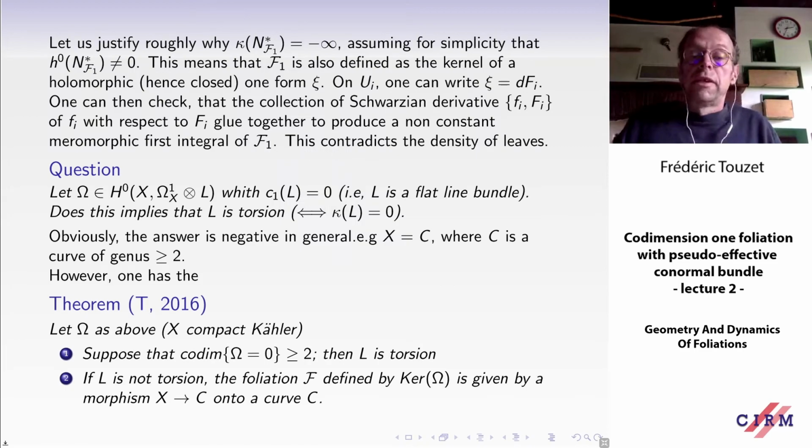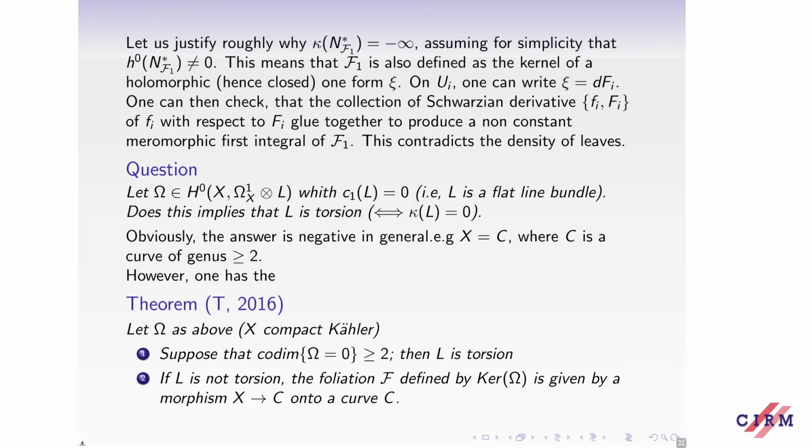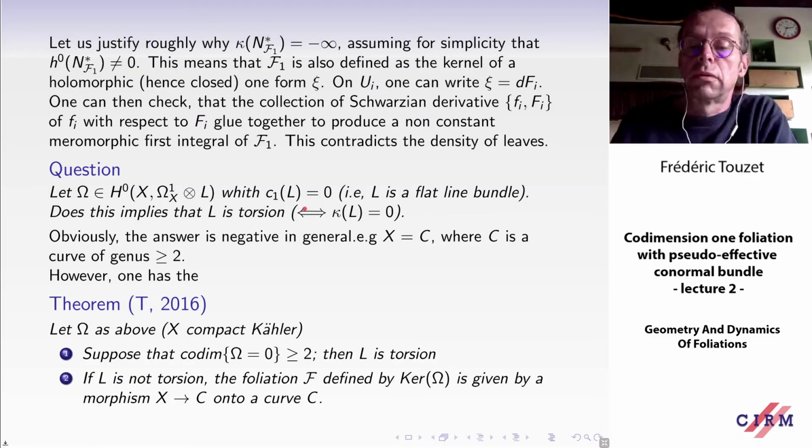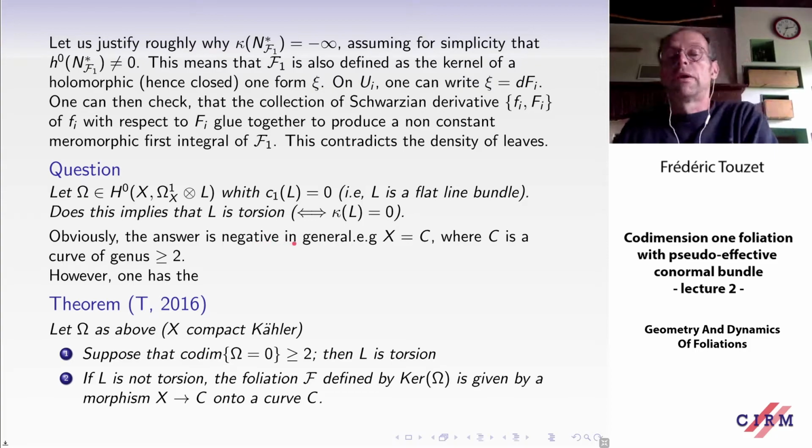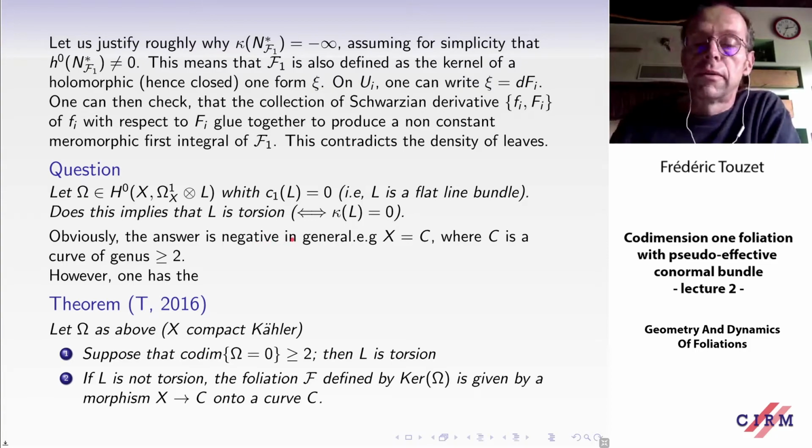And obviously, the answer is in general negative. The typical examples are given by Riemann surfaces of genus greater than or equal to 2. One can easily produce, for instance by Riemann-Roch, on such Riemann surfaces holomorphic one-forms twisted by flat line bundles which are not torsion.